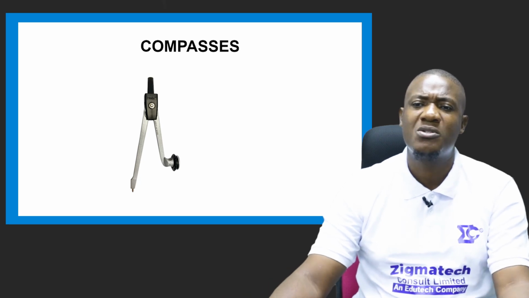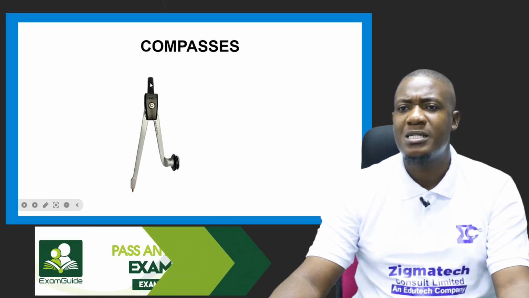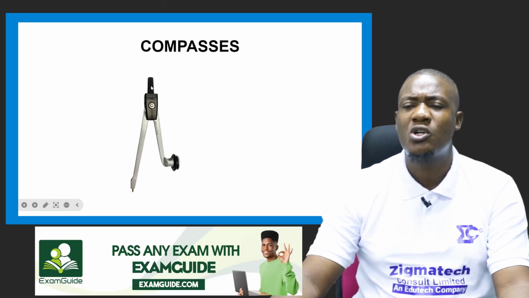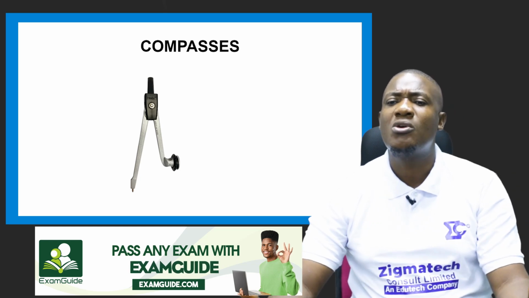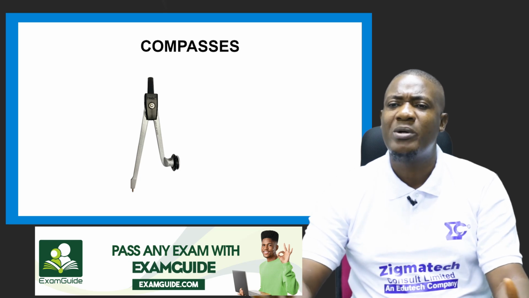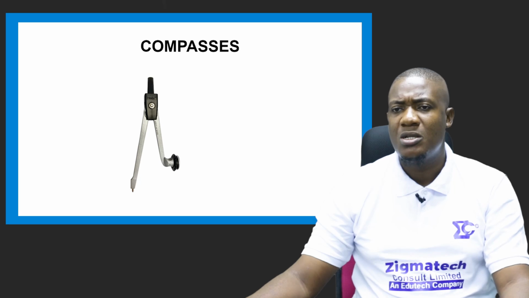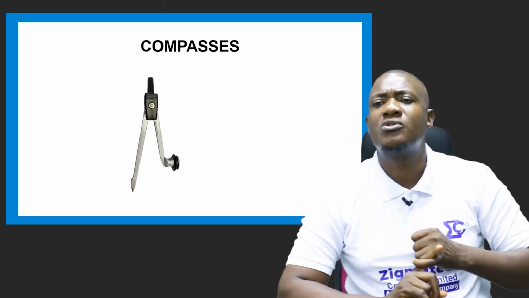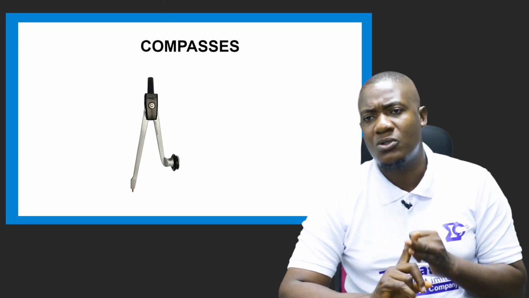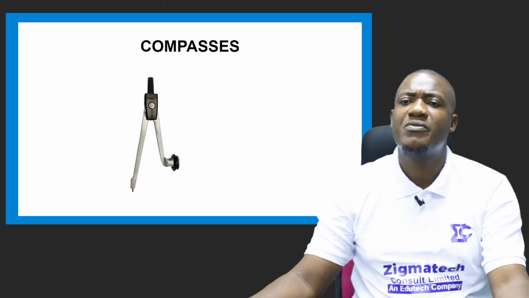All you need to do is to affix your pencil in this portion of the compass, and this is where you hold the compass to turn to make any arc or draw any circle you want to draw, depending on the radius of the circle of your choice. So the compass is used for that purpose. Number one, I said, it is used for drawing arcs and circles. We use the compass for that purpose. Please take note of that.